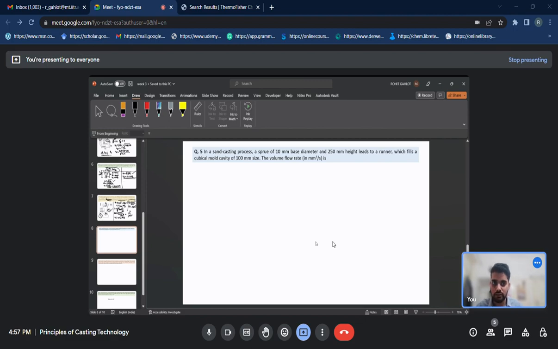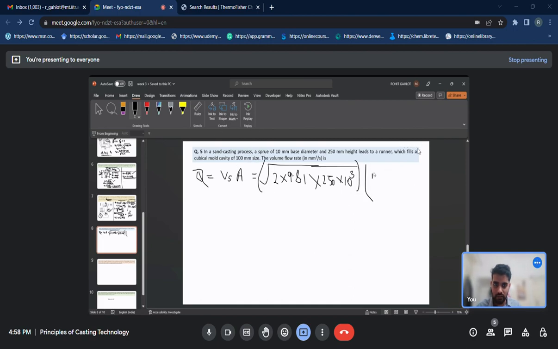So is it 0.4? Can you please tell me the unit? A meter per second? No, it is not 0.4. You need to directly calculate the flow rate as velocity at the sprue times the area. Velocity you can directly calculate as root 2 times g, which is 9.81, times h, which is 250.